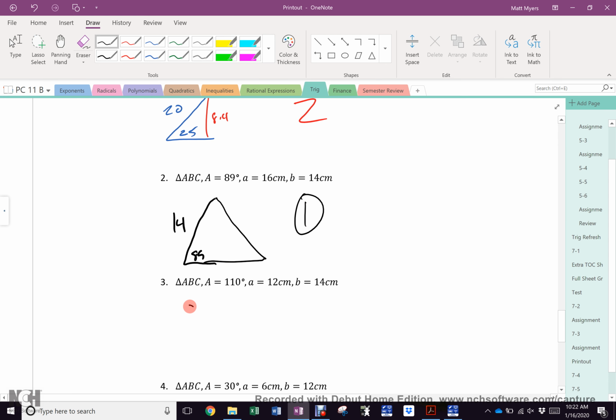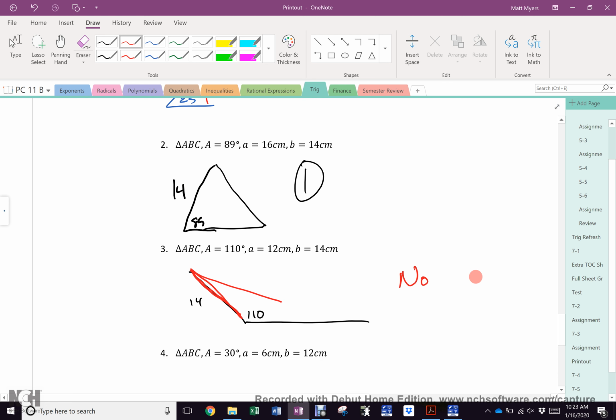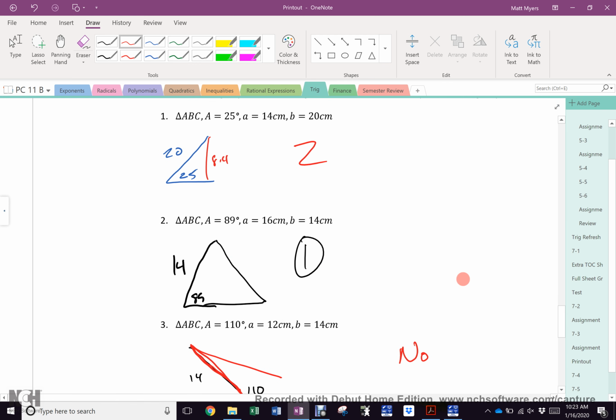A is 110. Right? So this is 14. The other one is 12. Can it go there? No. Can it go there? No. So no triangles. All these are out of 2 because you had to do some work to find out why you were telling me, right?